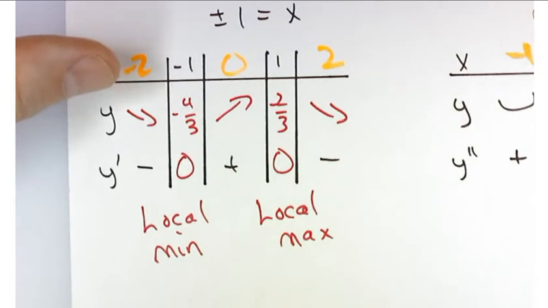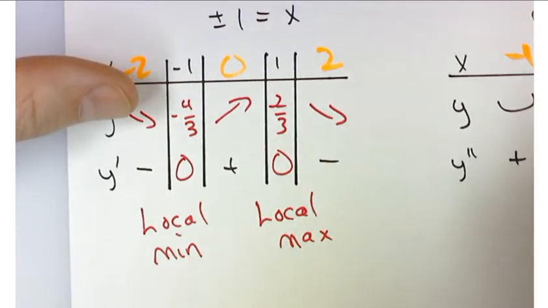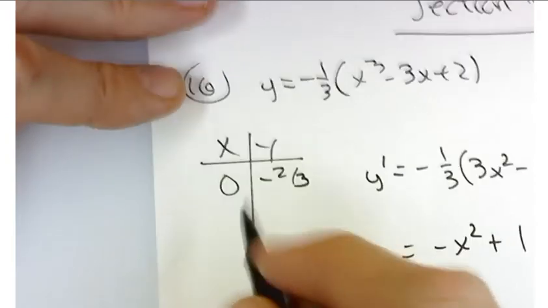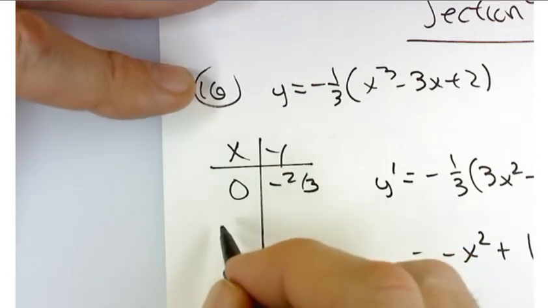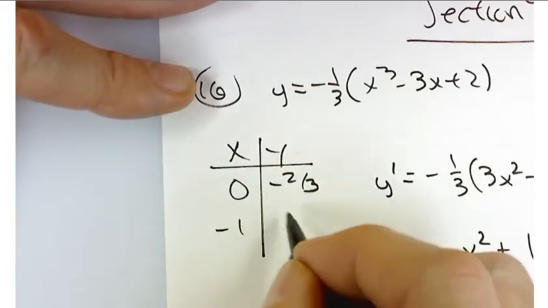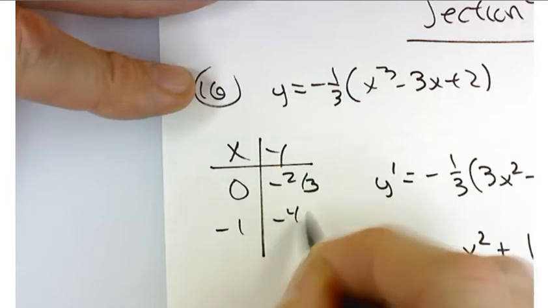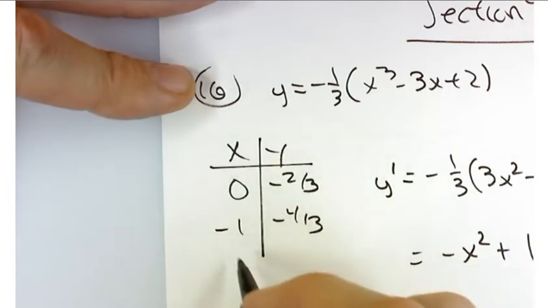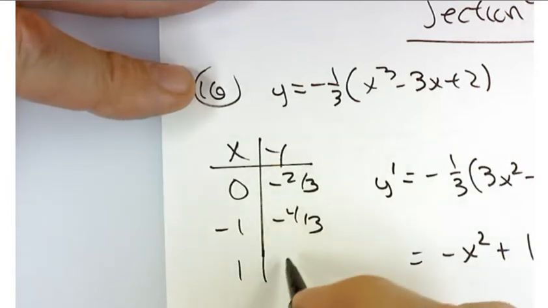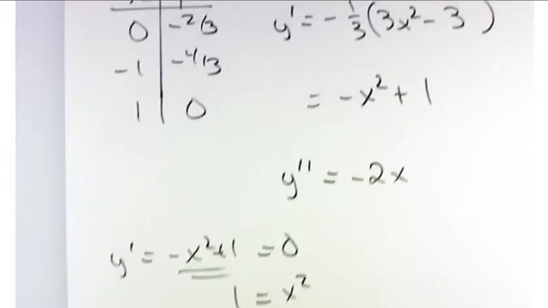At 0, we get negative 2/3. Thanks, Tiffany. All right, so let's keep a little chart here. At negative 1, we get negative 4/3. And at 1, we get 0. Okay. Cool.